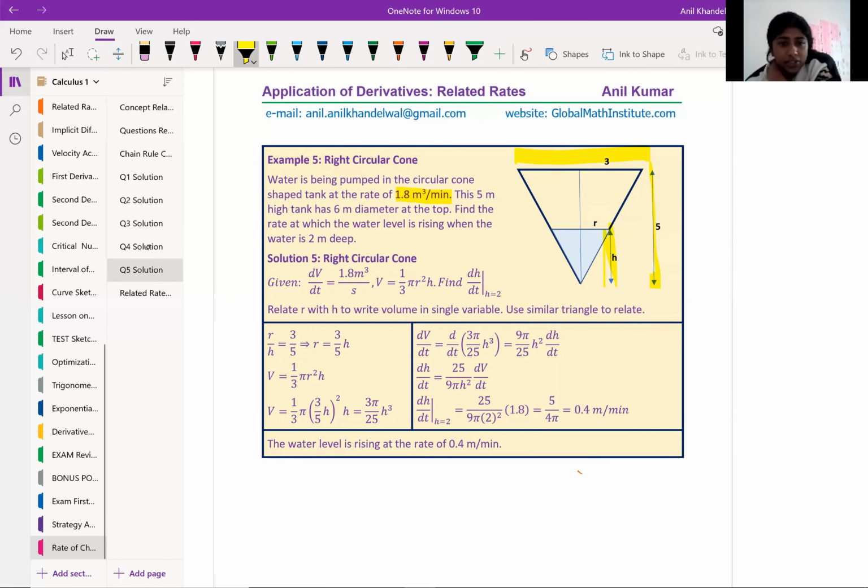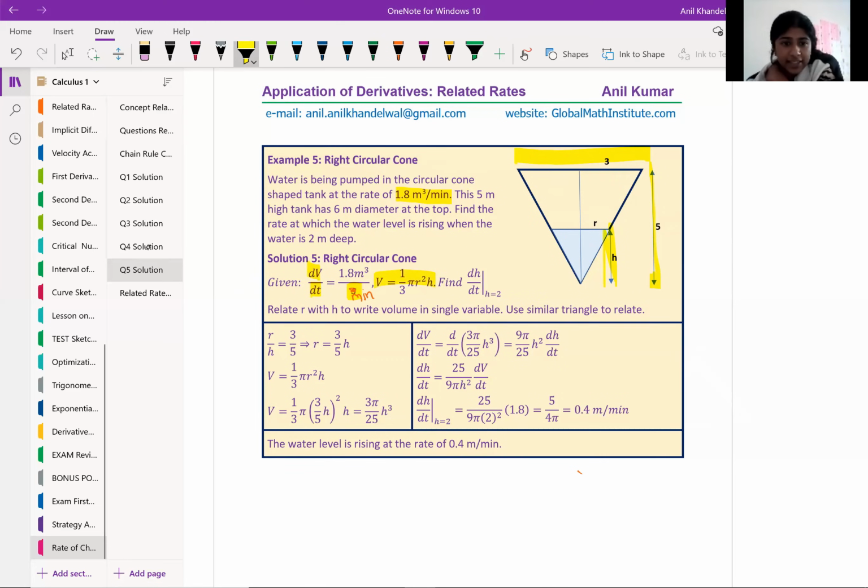So I think I'll just start by stating a few things. It says 1.8 meter cubed per minute. So we know that's meter cubed, so that's volume. So I'll write dV over dt equals 1.8 meter cubed per minute. Then, because we're dealing with volume, I would write down the volume of a cone, a third pi r squared h.